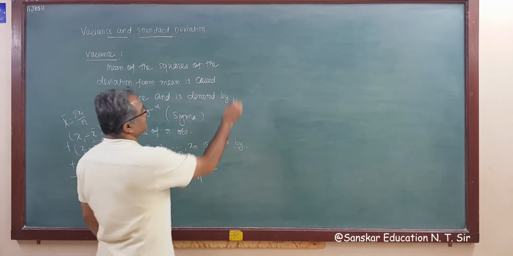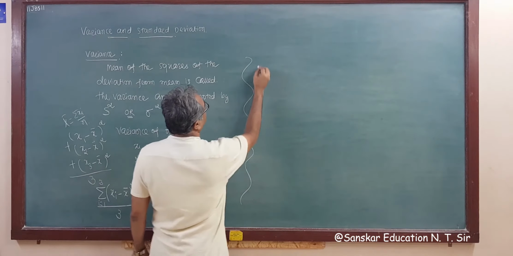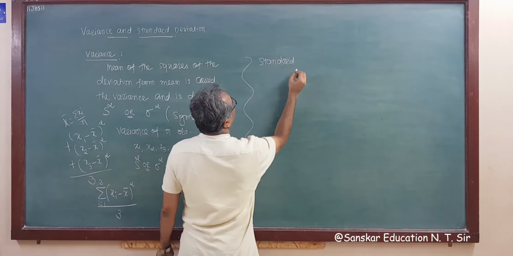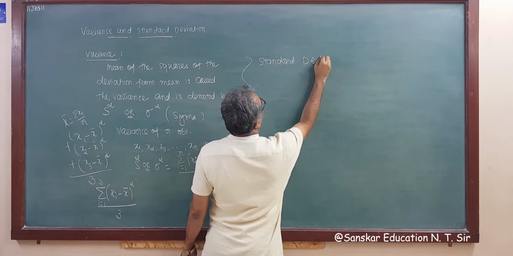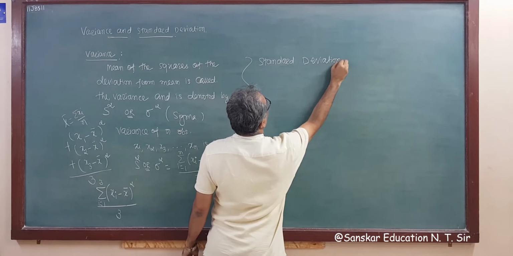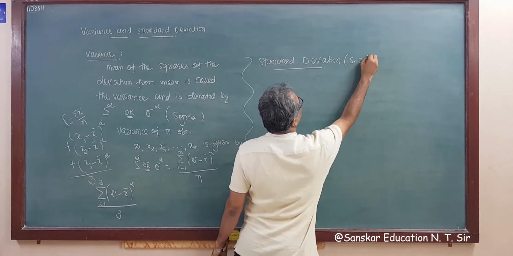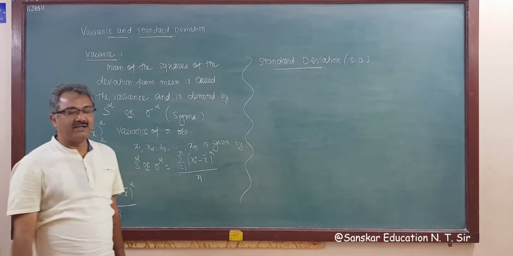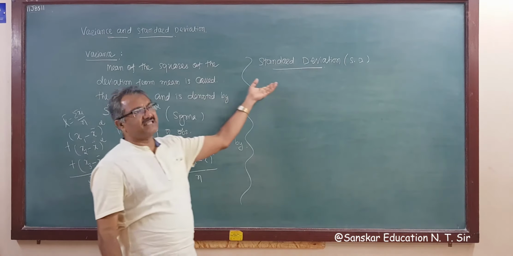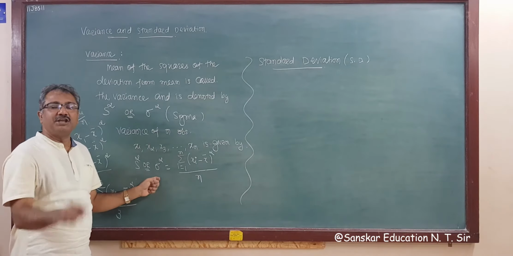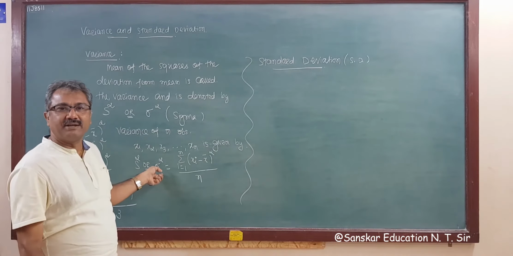Now standard deviation. The notation for standard deviation is SD. The definition of standard deviation is very easy: taking the positive square root of variance is called standard deviation, SD.